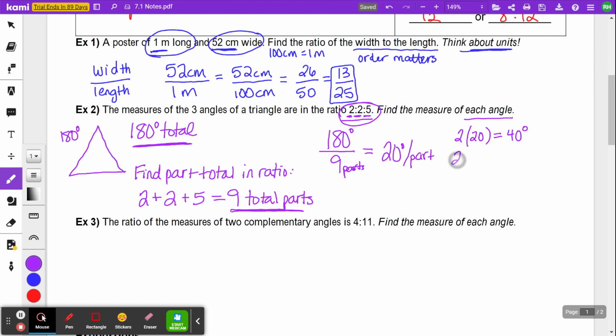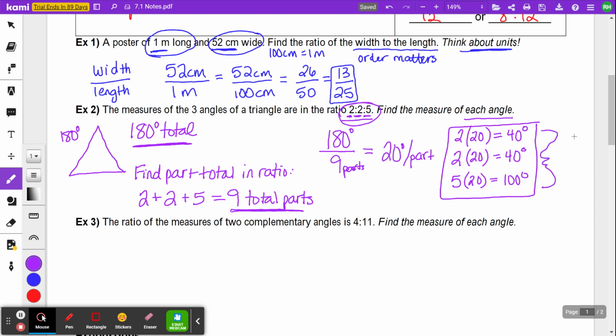The second one is also 2 parts, so each part is 20, which gives me the second angle as 40 as well. Then the third one is 5 parts, so 5 times 20 gives me 100 degrees. Now, this should make sense as your answers because 100 plus 40 plus 40 makes 180 degrees total for the triangle.